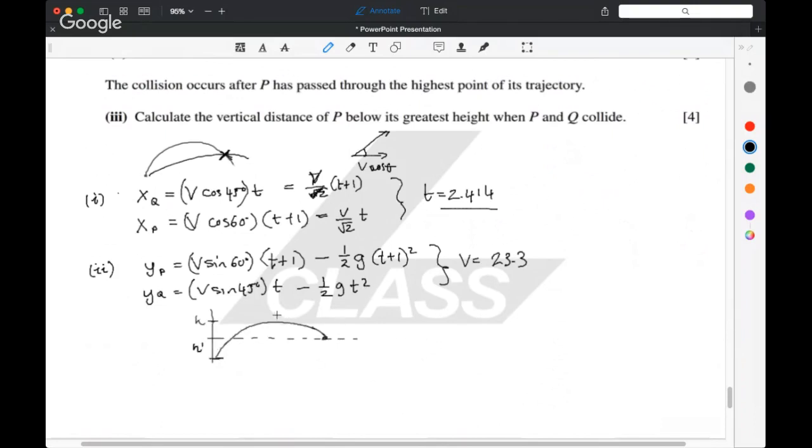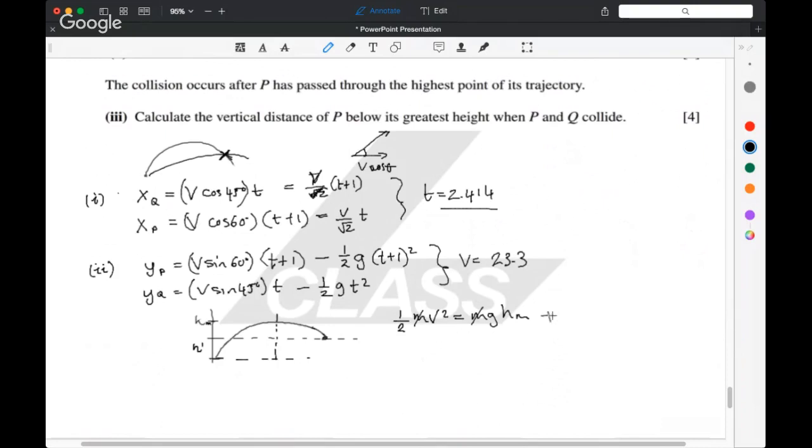Well, what I want to know first is the maximum height, called H max for H max. This is done by conservation of energy. So we know that at the beginning, it's only got kinetic energy, 1/2 mv squared. And this is going to be equal to mg H max.